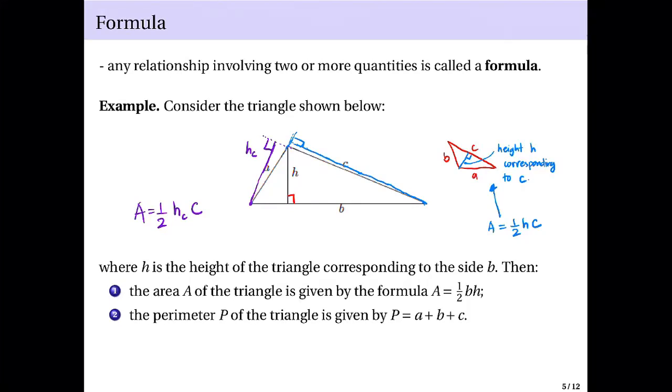This blue here, I label it as H sub A, because this is the opposite side, the corresponding side. It's A here. And if I compute the area using that, you have 1/2 H sub A times A.